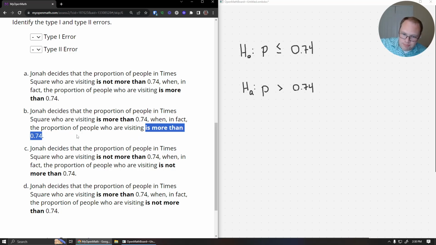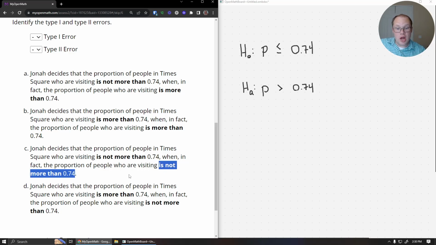It's the correct outcome, okay? Part C, Jonah concluded the proportion is not more than 0.74, and in fact it is not more than 0.74. Again, that is not an error. He drew a conclusion, and the conclusion matched reality. That is the correct outcome.